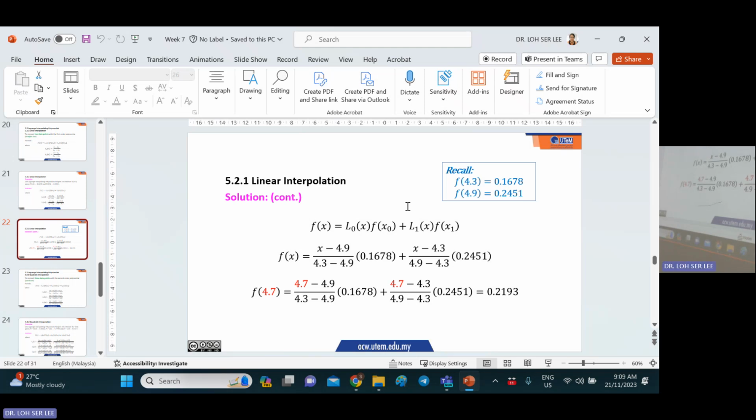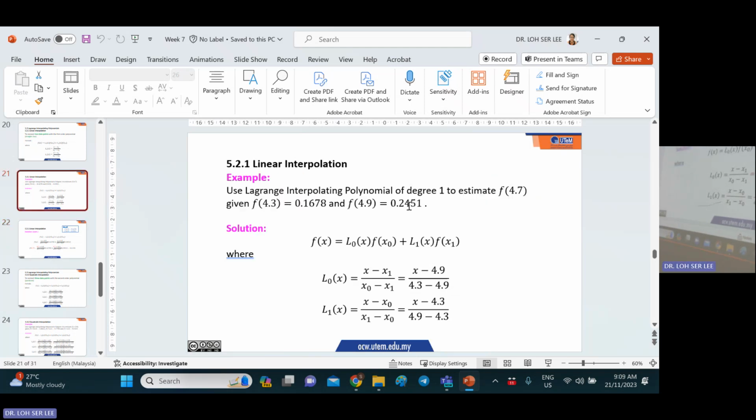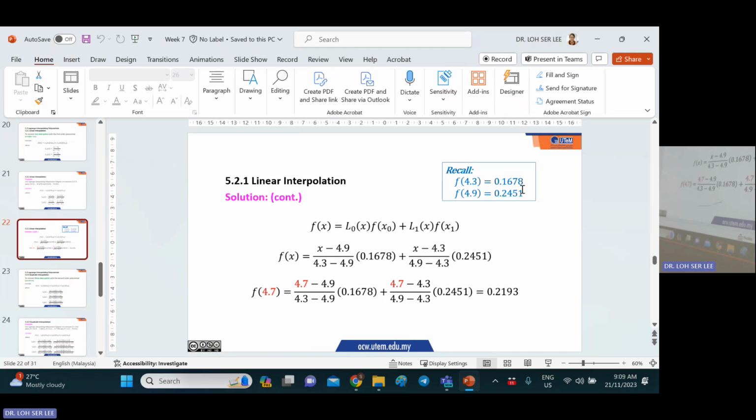Next, back to the question. You are asked to estimate when x is 4.7, what is your f? Finally, you just substitute all the x by 4.7. Then you can come up with 0.2193.